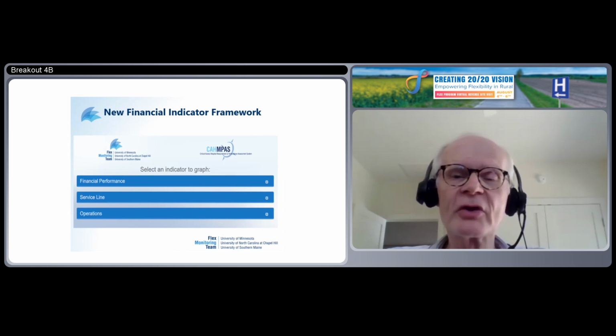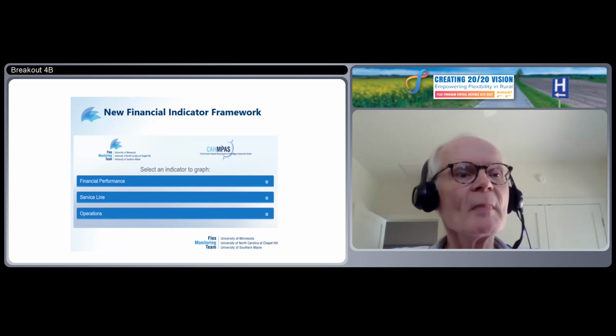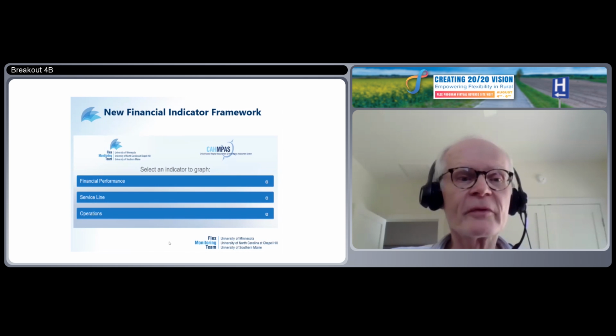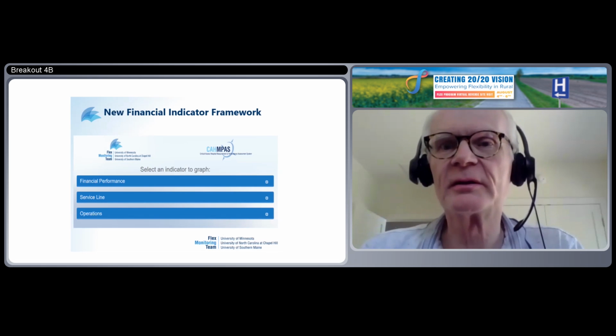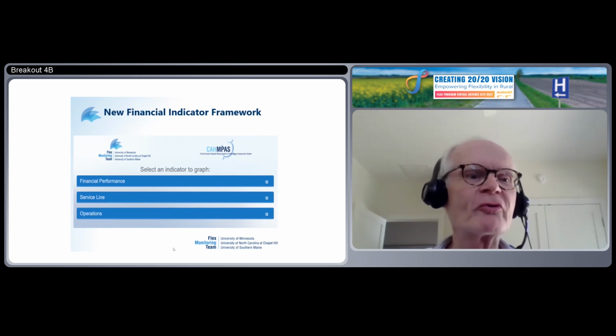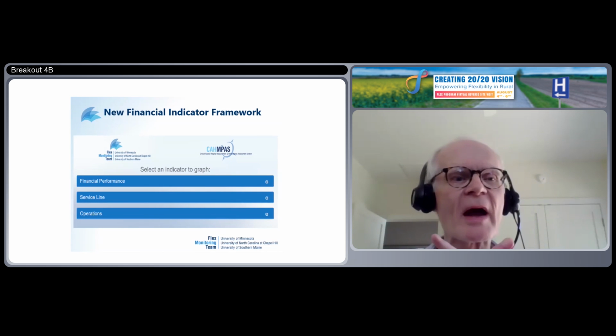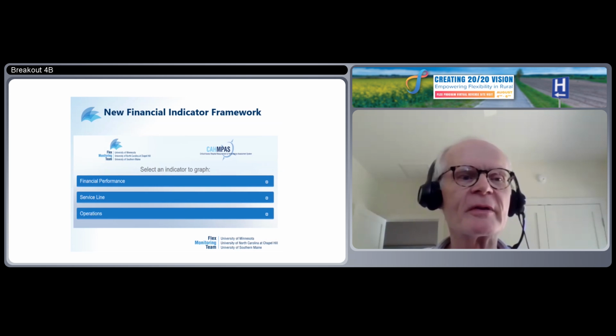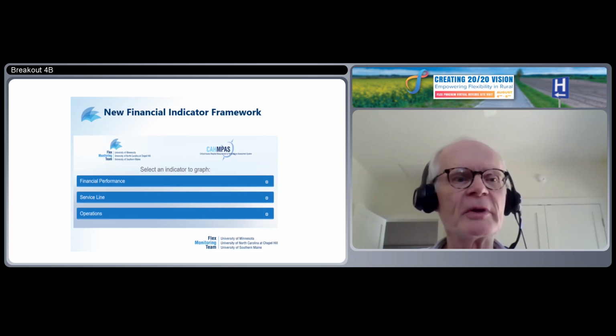So this is now entirely a finance site, which sort of confirms everybody's bias about the dominance of finance in our world. But anyways, we had to think through what would be the best drawers, and we've reallocated the indicators to three drawers: financial performance, service line, and operations, and I'll go quickly through each one of those.